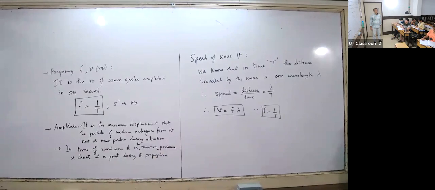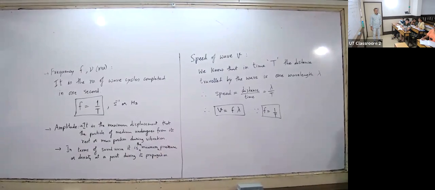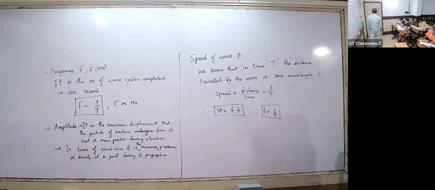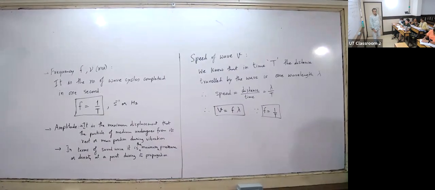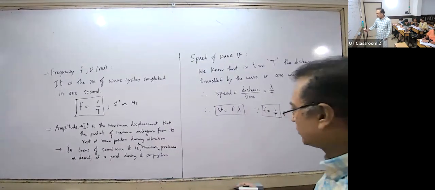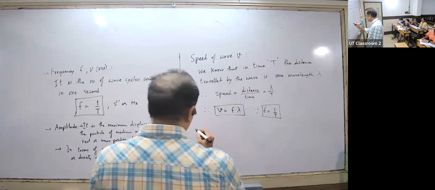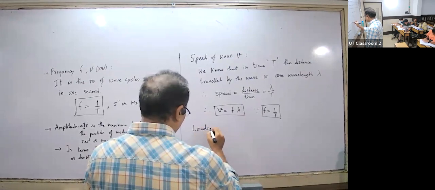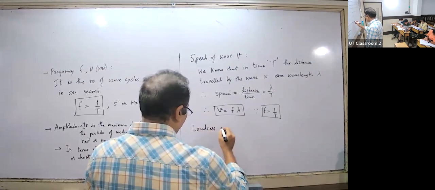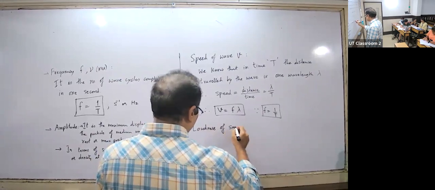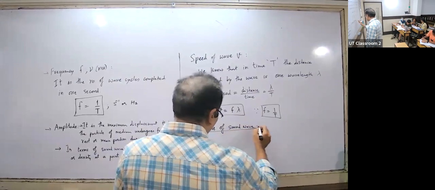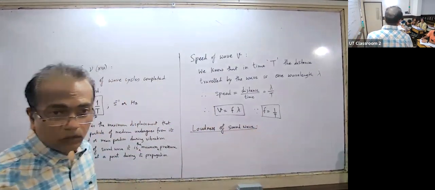So in the characteristics of sound wave, what have we covered? Frequency, amplitude, and speed, right? There are some more characteristics like loudness of the sound wave. What is loudness?